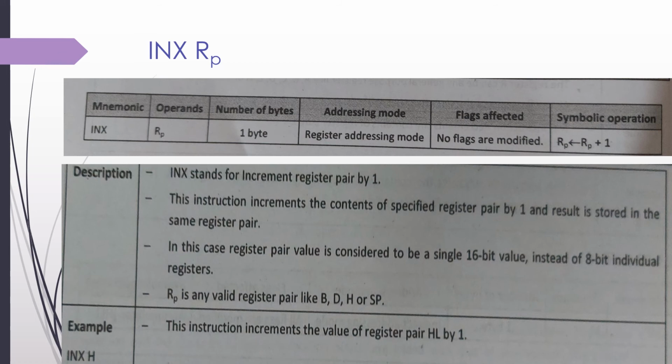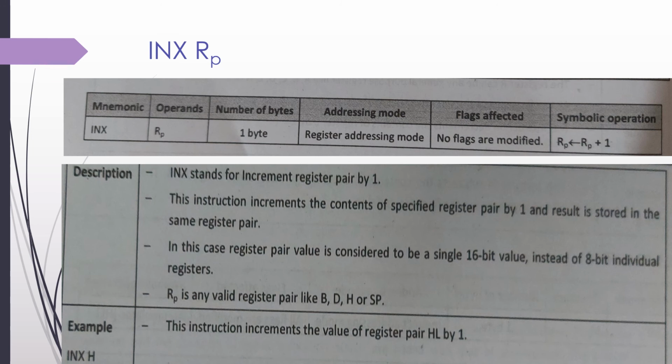Next is INX RP. Here, the pair of register contents are incremented by 1. For example, if you write INX H and HL pair has 2050, after the execution of INX H, the content of HL pair will become 2051H. It is the incrementation of 16-bit data. So that is what INX RP is. Here valid pairs of registers are BC pair, DE pair, HL or SP.